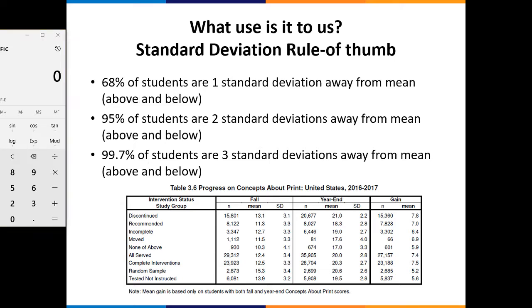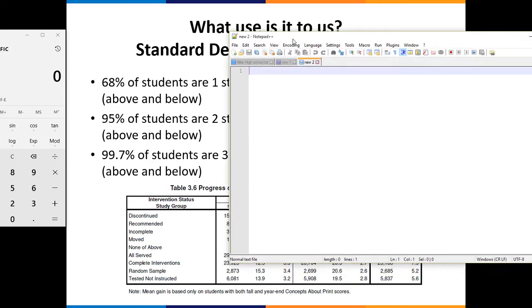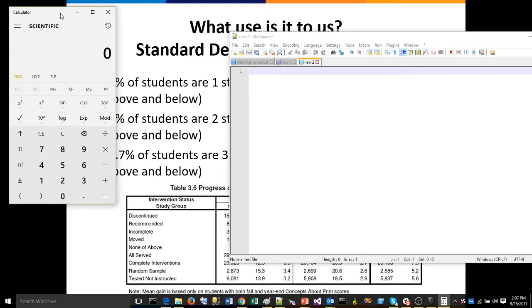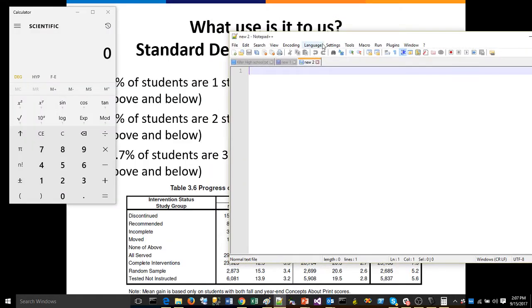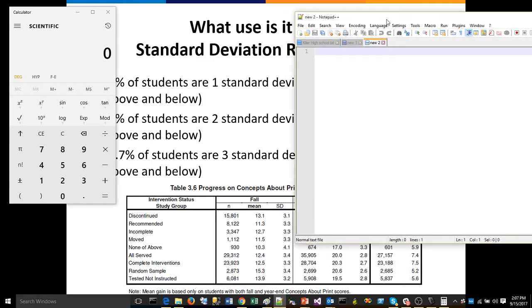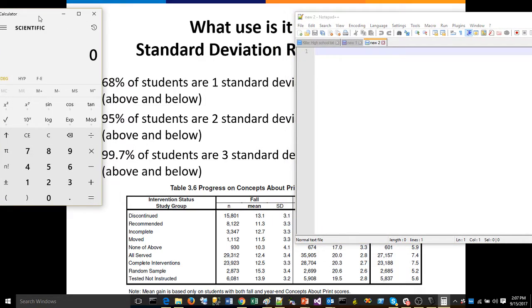So I'm going to bring up another little window here. I need some space to write down some stuff. So I'm going to move Mr. Calculator out of the way. All right, there we go. So 68% of our students lie within one standard deviation above and below the mean.